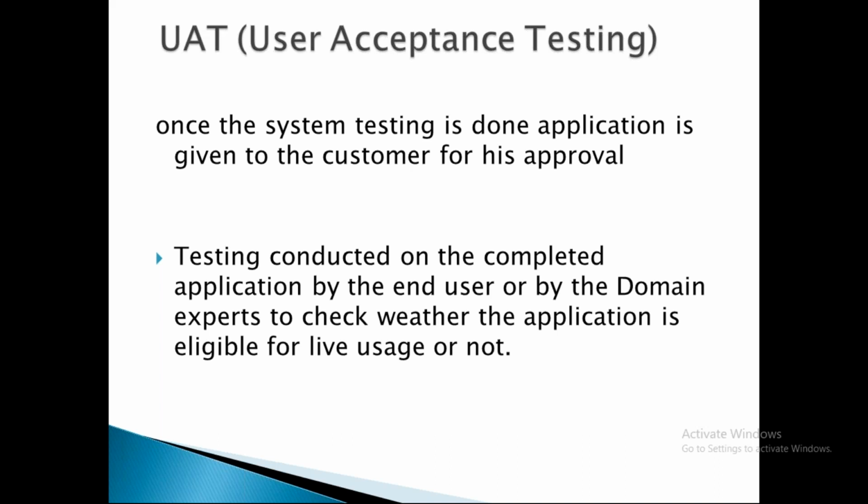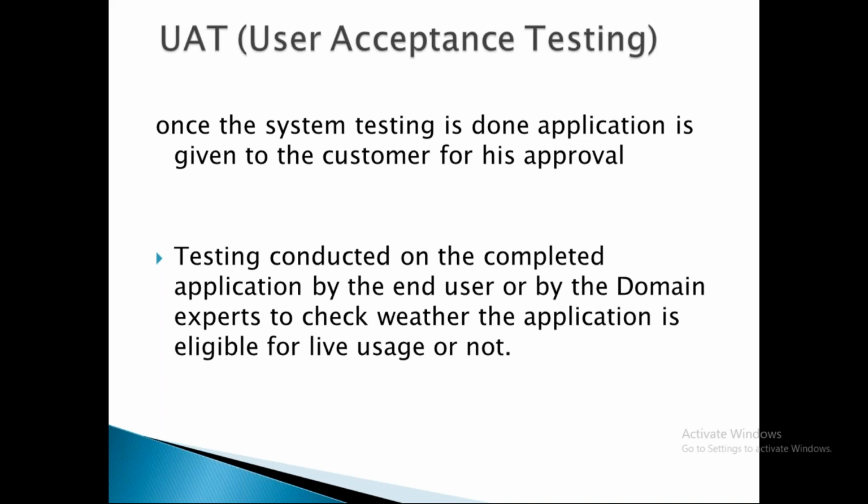Once system testing is done, the application is given to the customer for approval. But what we are checking is whether this application is eligible for live usage or not. Can I give it to the customer for live so that he can start using the application? Before that, in pre-production, we are checking once. Before giving to live, we are checking once. Can we give it to live or not? We are confirming here. That is UAT.